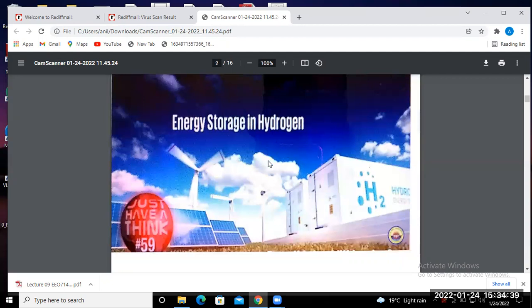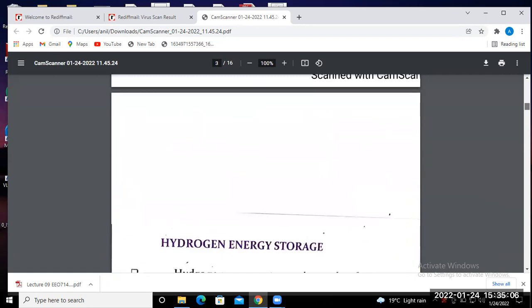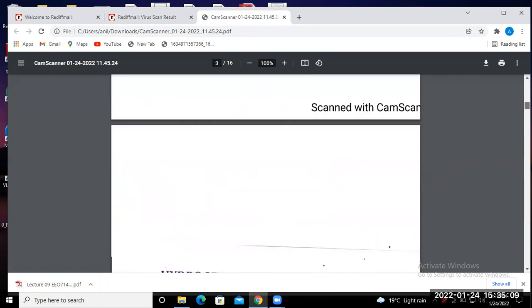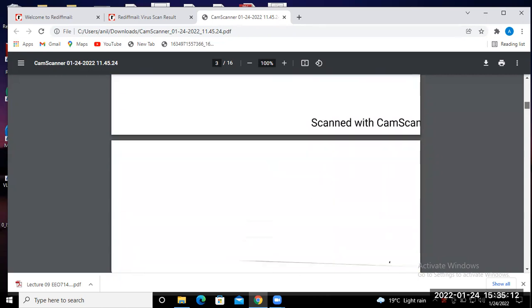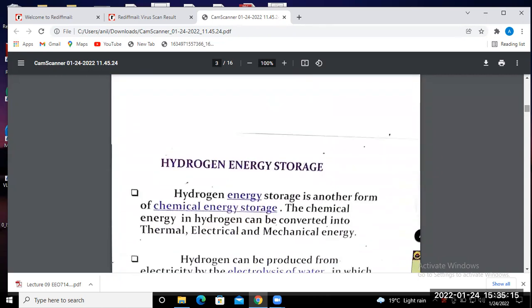If you place a solar power plant here, then the radiation of the sun strikes the plate, so we may also store hydrogen gas from sunlight. So hydrogen energy storage is another form of chemical energy storage.